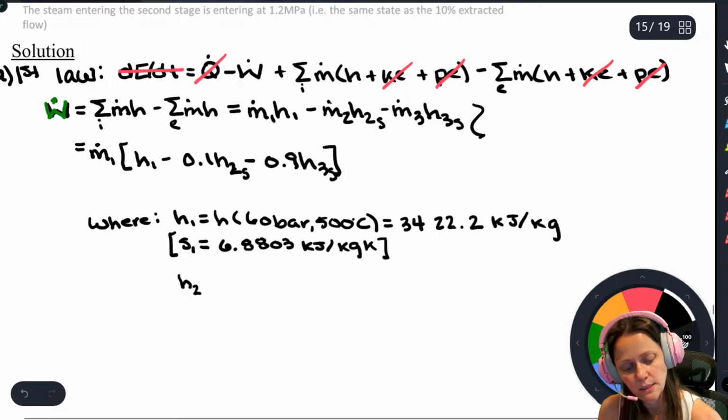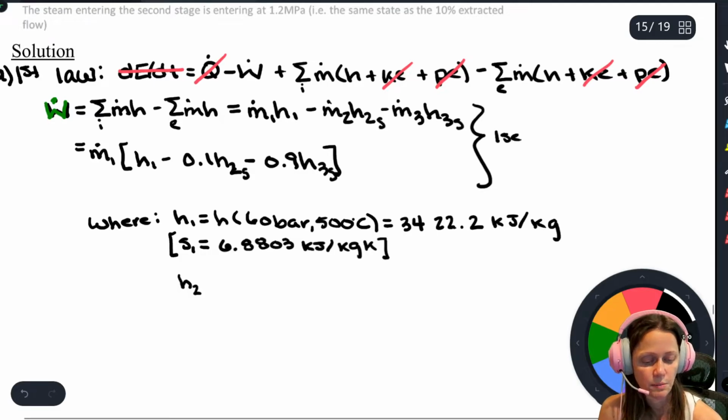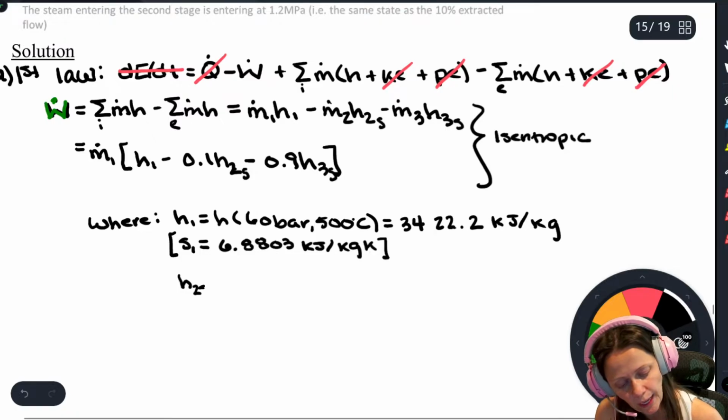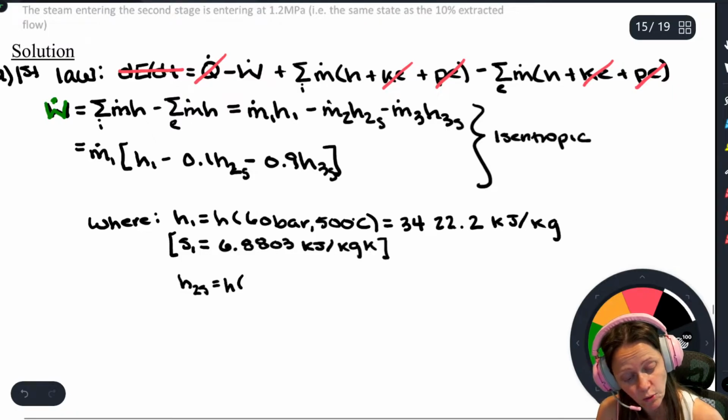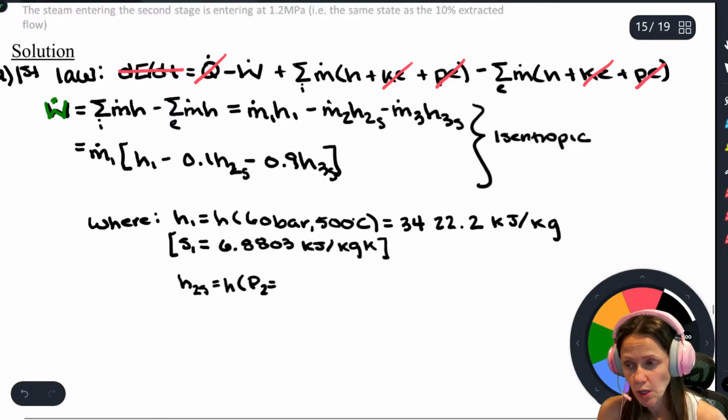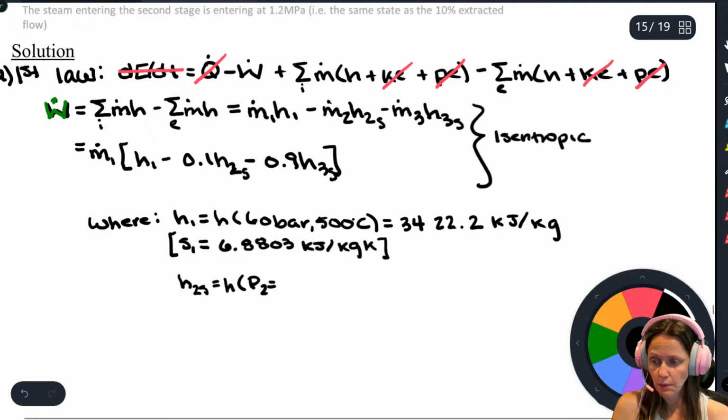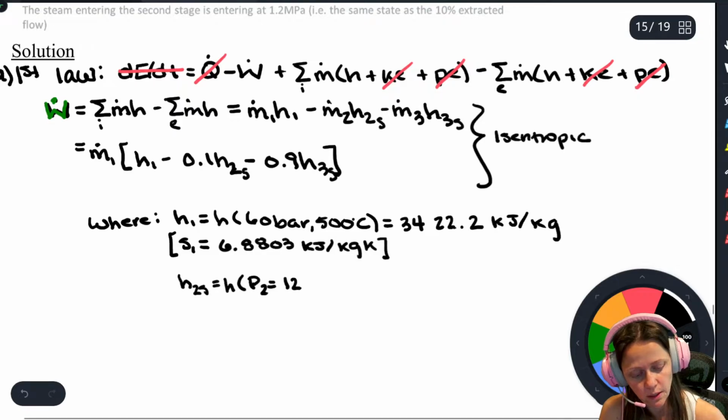Because it's an isentropic process. So H2S is going to be the enthalpy at P2, which is 1.2 megapascals or 12 bar. And S2S is equal to S1.